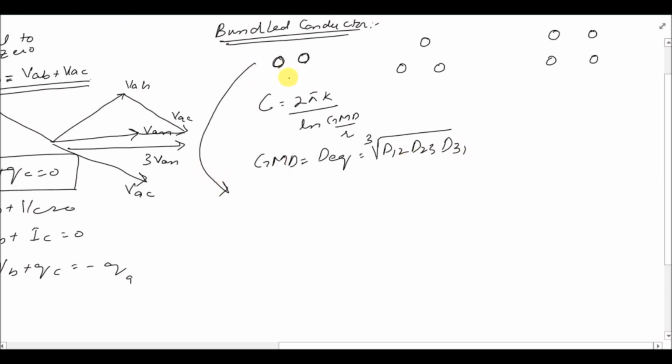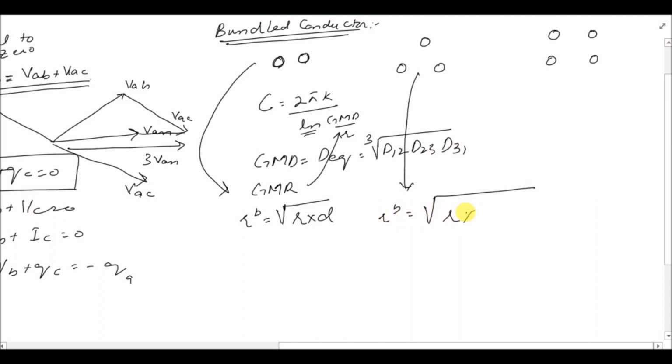The GMD value for all the three orientations will remain the same, but the value that will change is GMR. That will be placed here in the denominator of the logarithmic value. For the 2 conductor bundle, the value will be the square root of R into D. For the 3 conductor bundle, the value will be the cube root of R into D squared.